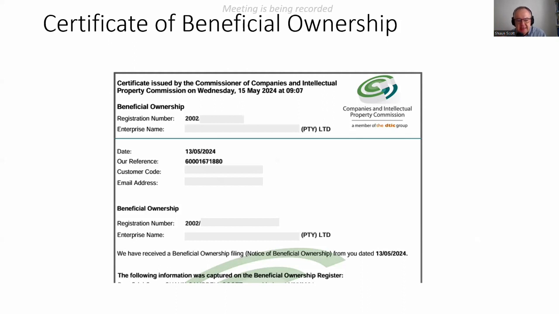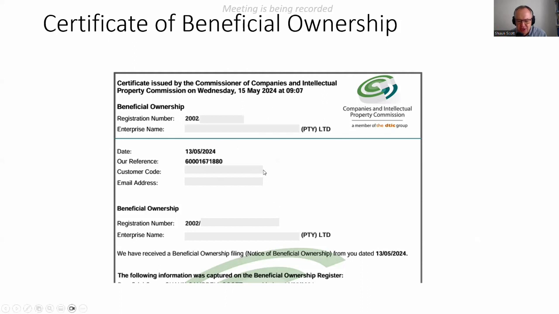Once that's been updated, it gets checked, and you then receive a certificate. So there's a formal certificate that is then issued by CIPC on the beneficial ownership for that particular company.